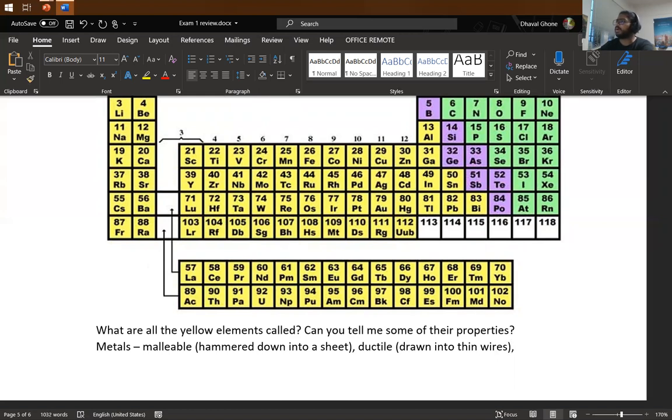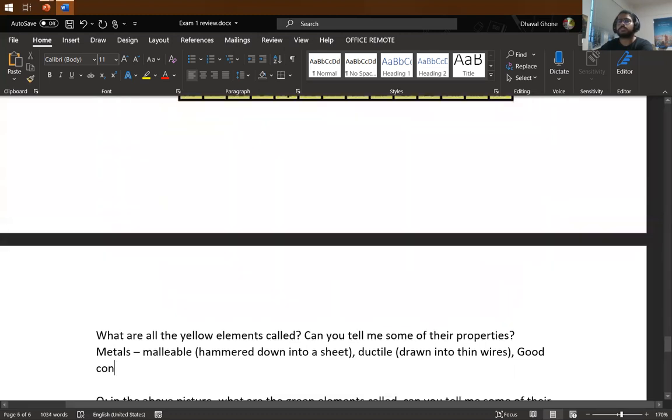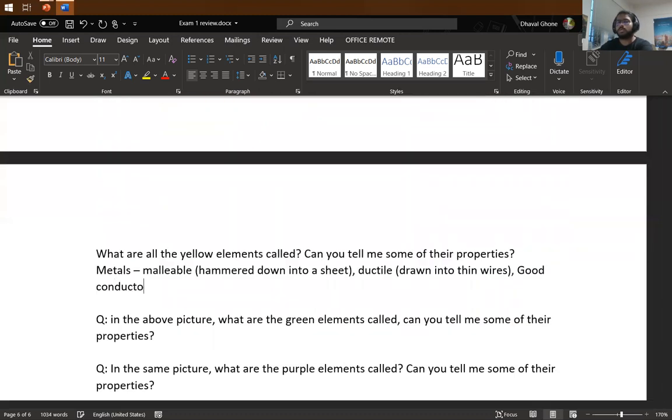Let's see what else people said in the review. They said they are good conductors, oops, I'm sorry, good conductors of heat and electricity. They're also shiny.